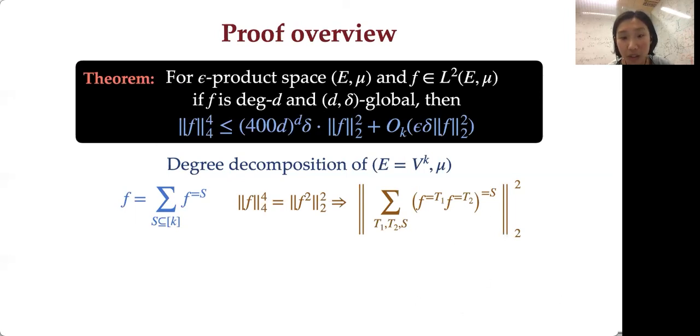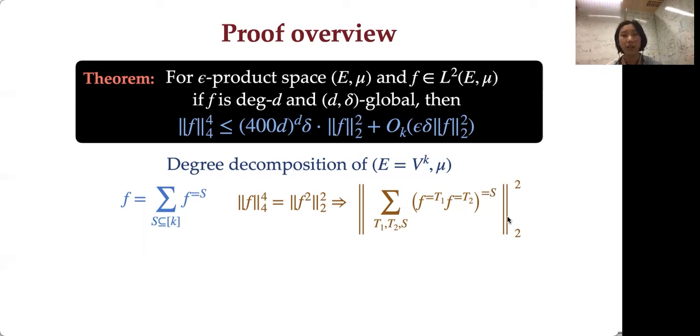And we can rewrite the second moment of f squared using the degree decomposition we have. We can split into a sum over sets T1, T2, and S, all three of them subsets of 1 through k, of f equal to T1, f equal to T2, and this whole product projected into the space f equal to S.